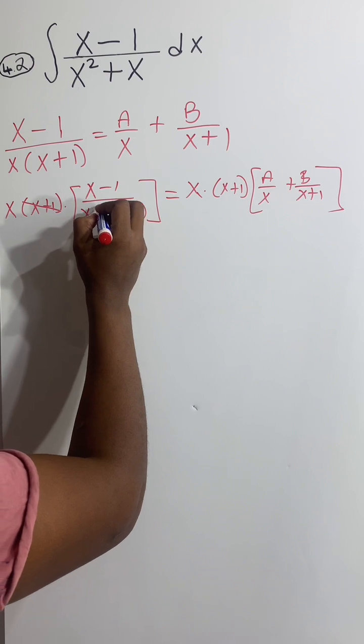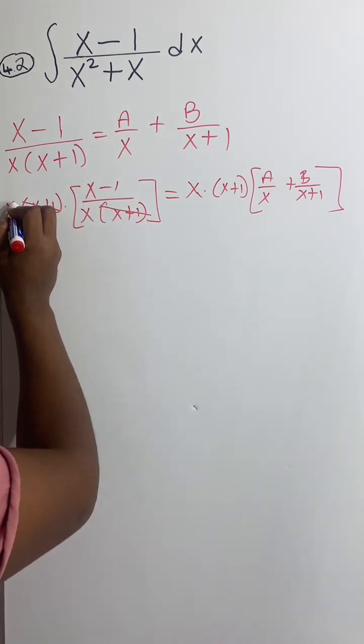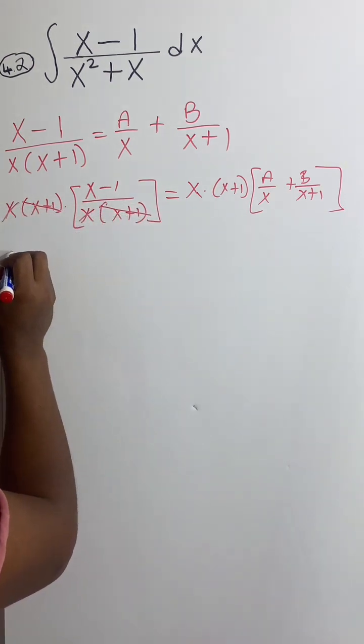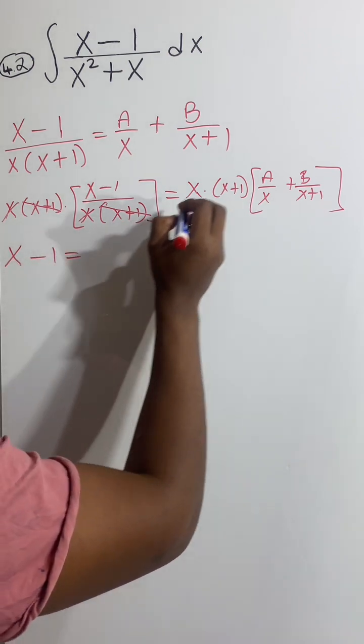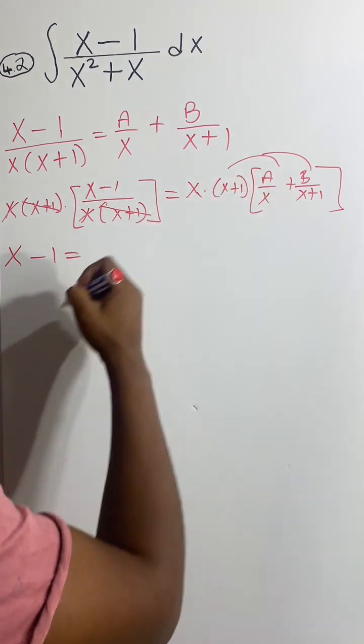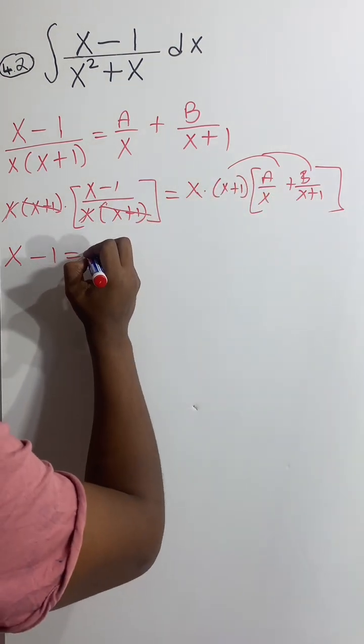That x plus 1 will cancel out with that x plus 1, and that x will cancel out with that x, and we'll be left with x minus 1 on the left hand side, and we distribute the x multiplied by x plus 1 inside our parentheses.